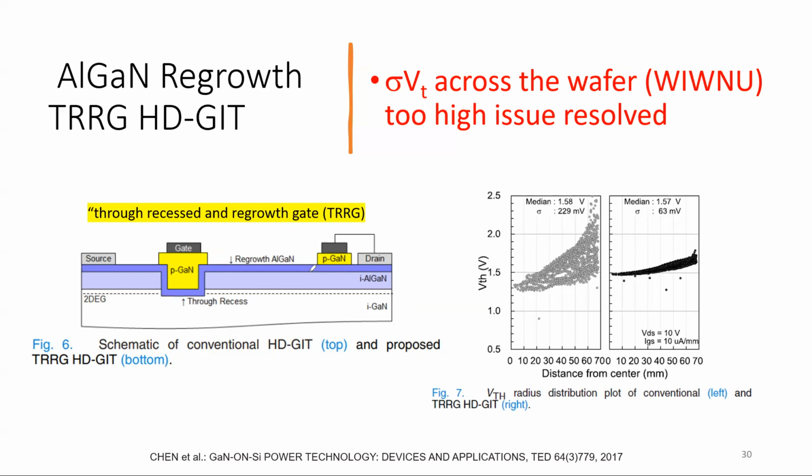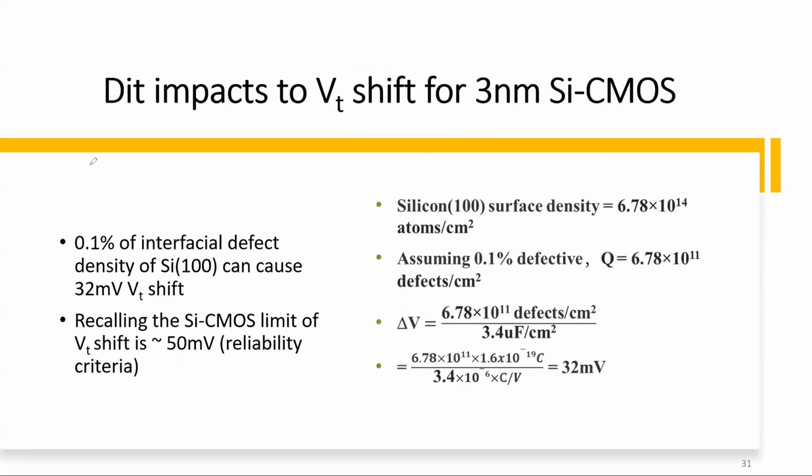You go to another chamber and you repeat your epitaxial GaN process to clean up the damage here. And then you put your p-GaN there and pattern it afterwards. So that's what you do. You cannot solve the edge problem directly, but eventually, with this regrowth gate, the problem was solved. The sigma changed from 229 to 63. Okay, fair. All right. And let's talk about the DIP impact to VT shift.